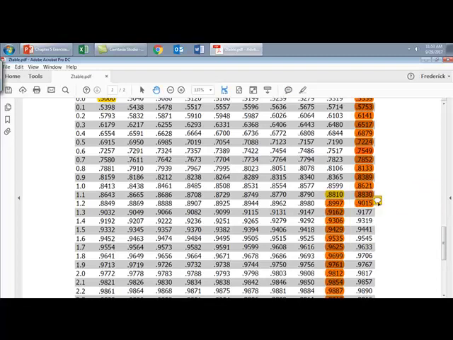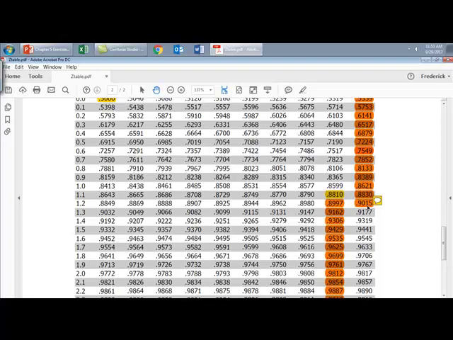There, where the little flag is. Okay, I've got two numbers. I've got 1.28, which gives me an area of 0.8997. So I am only 3/10,000ths away. This is probably the better one.